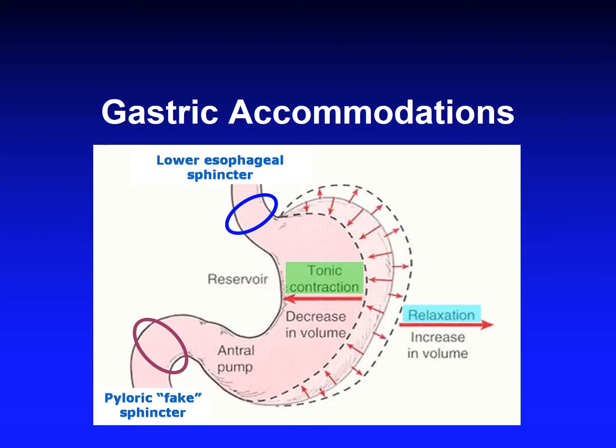This is basically how these types of accommodations take place. You have first the reservoir, the tonic contraction, continuous and lasts for minutes and hours. It breaks the food to a very, very small size, decreases the volume, and then this food goes to the antral pump.